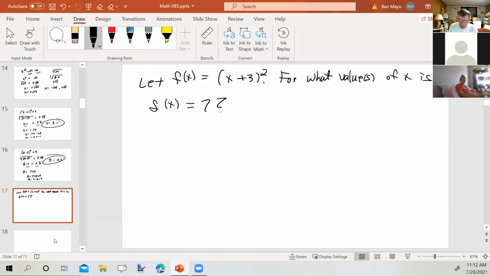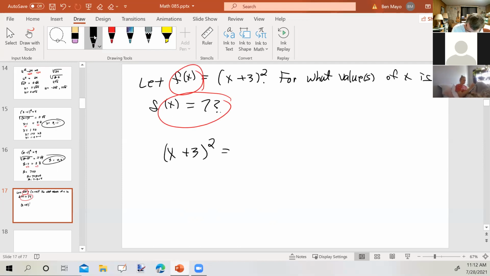Basically, we're going to substitute this in the place of f of x. So now our equation becomes x plus 3 squared equals 7, or 7 equals the quantity x plus 3 squared.